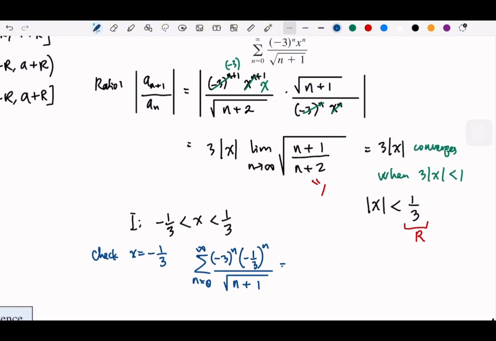So we have, yes, it's diverged, right? So we see that this diverges.